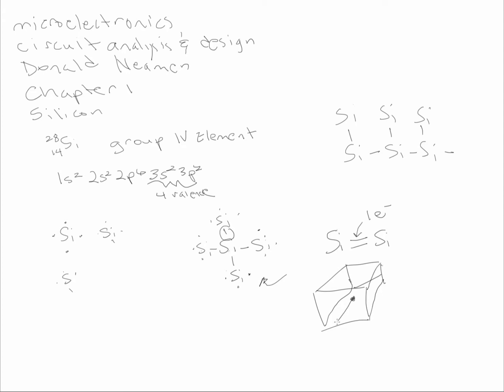And then if you go down to the corners and draw another silicon atom, and another at each corner, then you would have a tetrahedral arrangement of atoms, where we could draw it like this too, using a wedge and dashes. And so each one of these is a silicon atom. So it's in a tetrahedral arrangement. That's all he's showing there in the book.